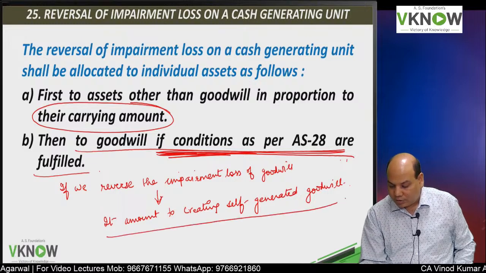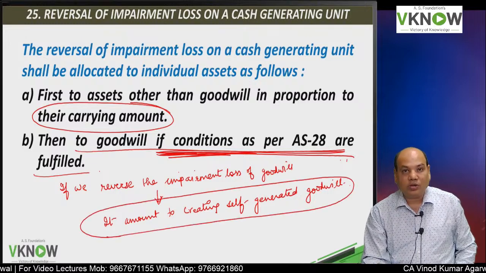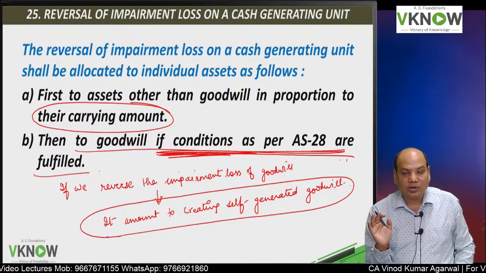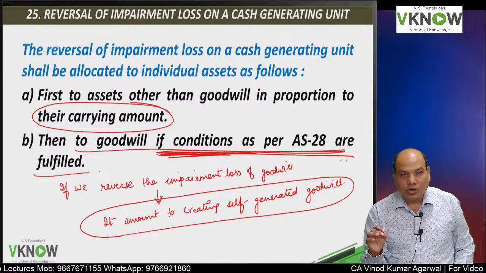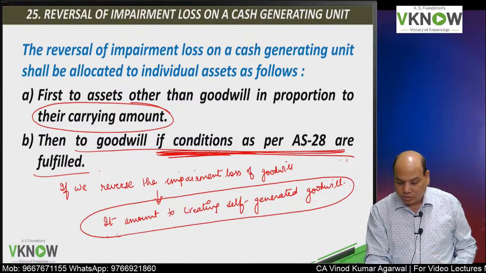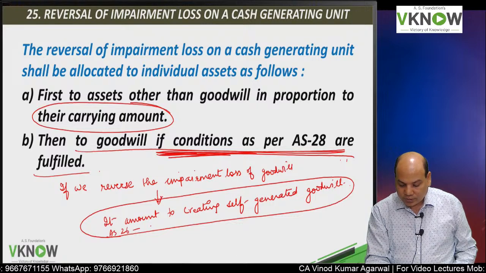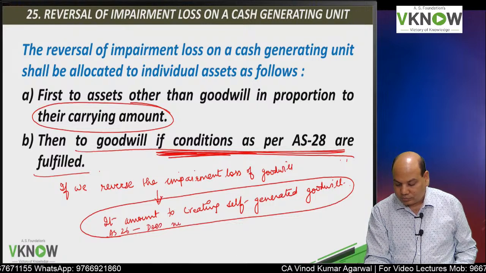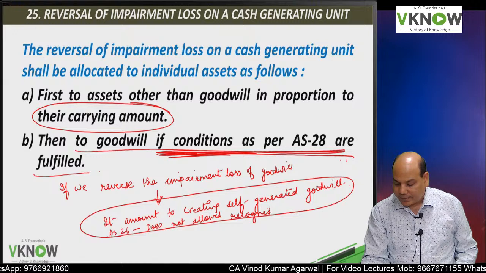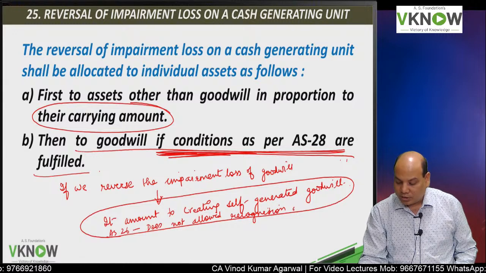Very important line, not given in your module. The logic why we do not reverse impairment loss on goodwill is because it will result in recognizing self-generated goodwill. AS 26 does not allow recognition of self-generated goodwill.